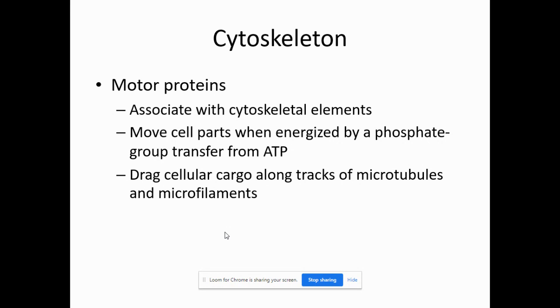And like I said, they have these motor proteins that are associated with these cytoskeletal elements, and they move cell parts when energized by ATP. Okay, they can drag cellular cargo along tracks of microtubules and microfilaments.